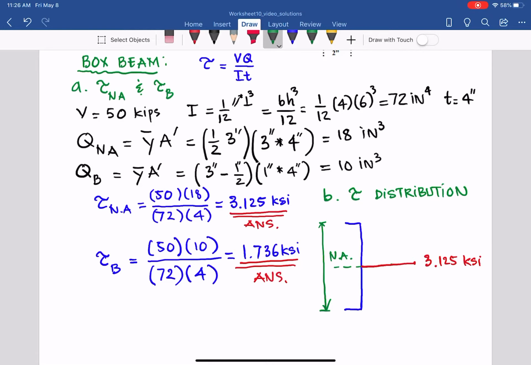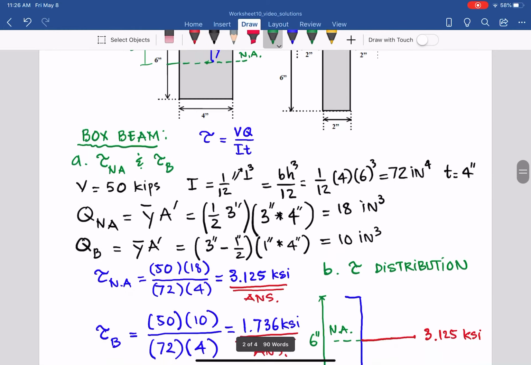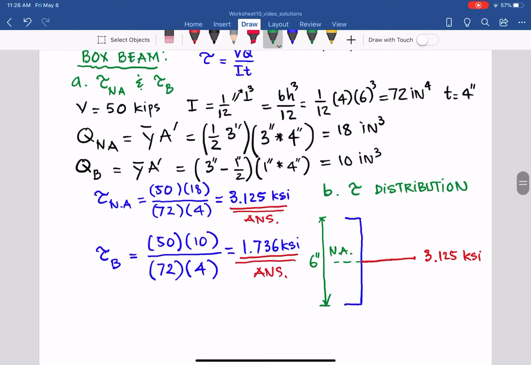And at point B, let's put the direction in here, that is 6 inches. Point B is 1 inch from the top, as you can see there. So you have point B here, 1 inch, and it's 1.736. So it's more than half of the middle neutral axis value, somewhere there, more than half.